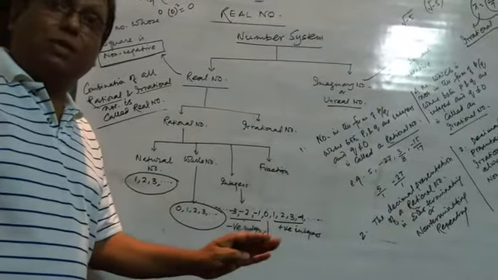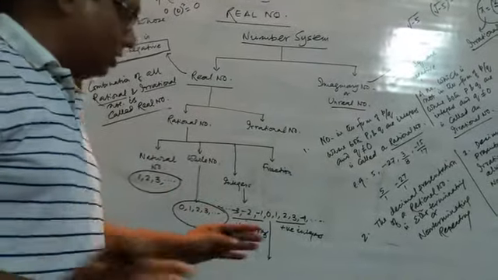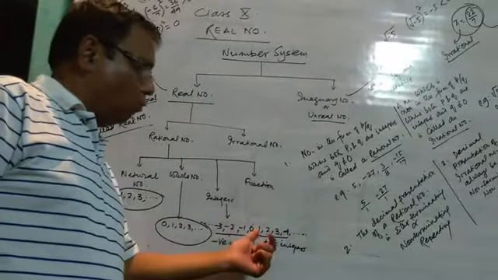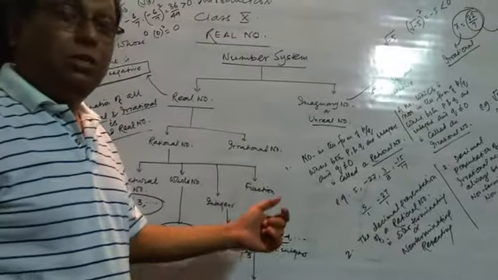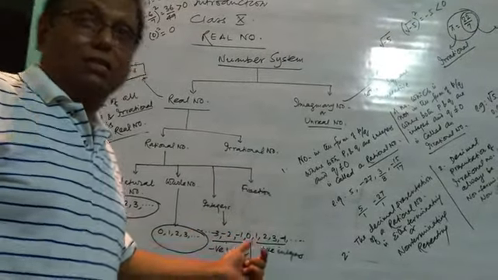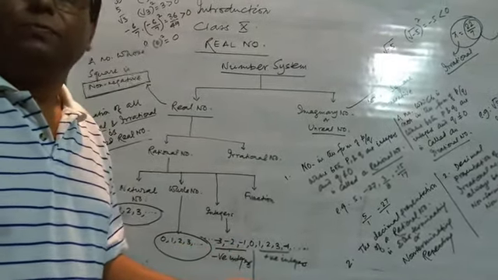But if it is asked, what is the smallest positive integer? 1. What is the largest negative integer? That is -1.